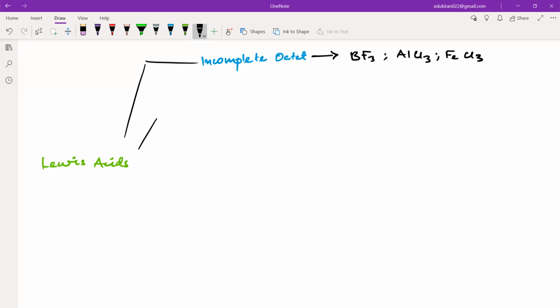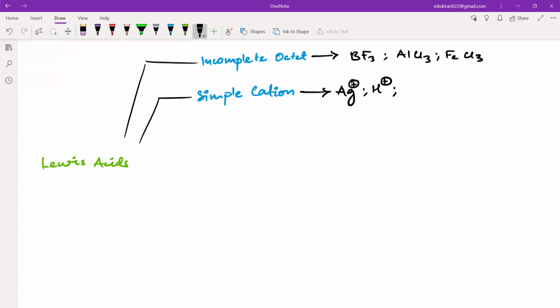Another example will be simple cations. If you are a simple cation, then obviously you are going to accept electrons. On the stronger side will be Ag positive and H positive, and the metal cations of the d block. These are stronger Lewis acids because they can accept a pair of electrons.